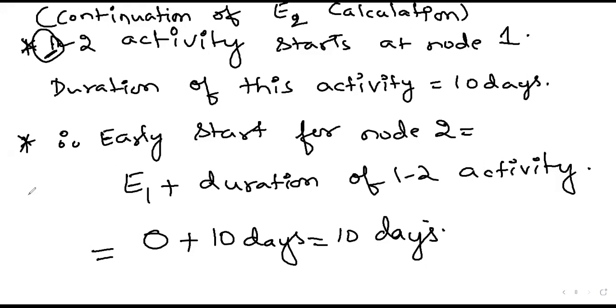Only one activity should finish. Why? Because for 2-5, the ending node is the fifth node. That is the reason only 2-3 will be considered. If there are any doubts, you can ask.